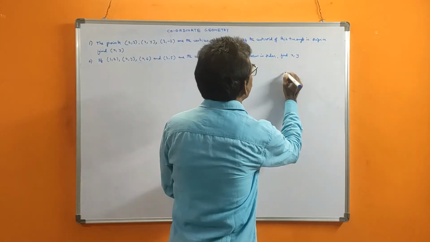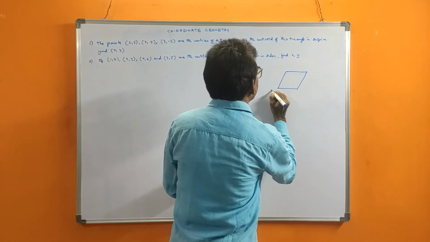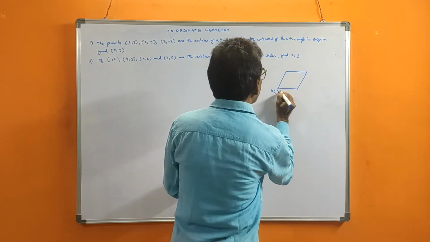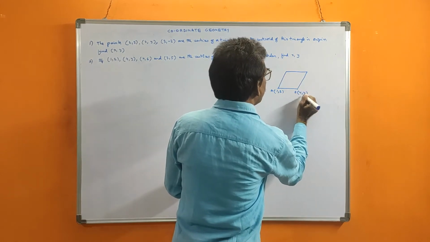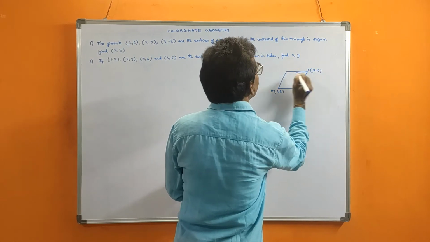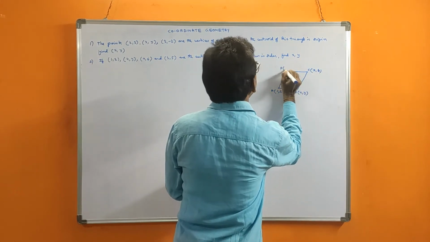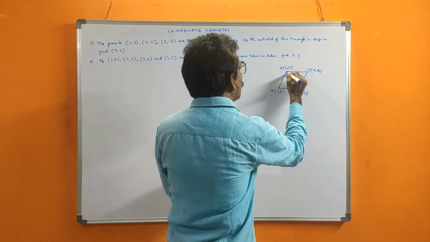Suppose, see, in the parallelogram the points are A (1, 2), B (4, y), C (x, 6), D (3, 5), taken in order.